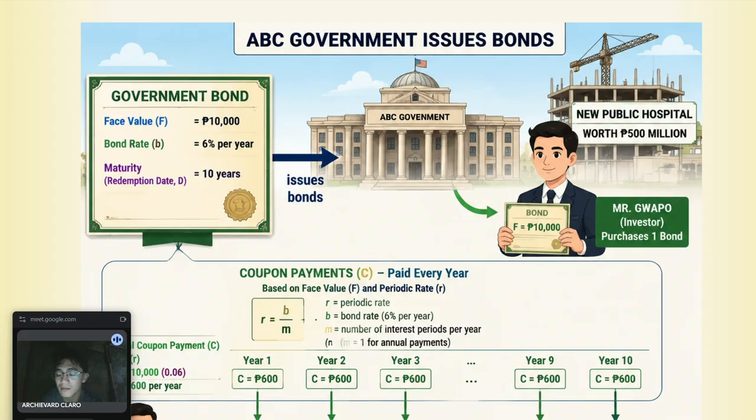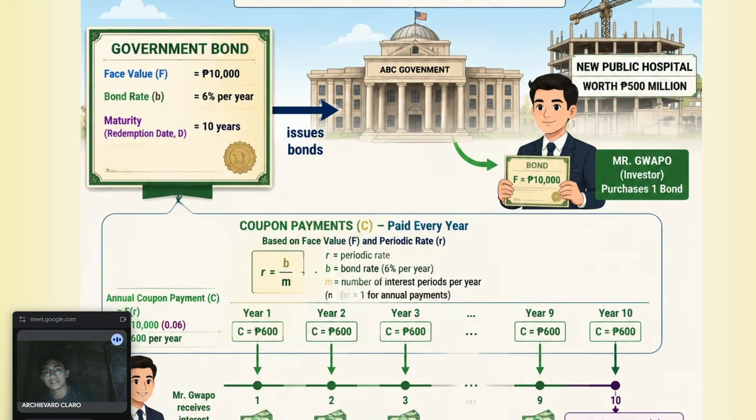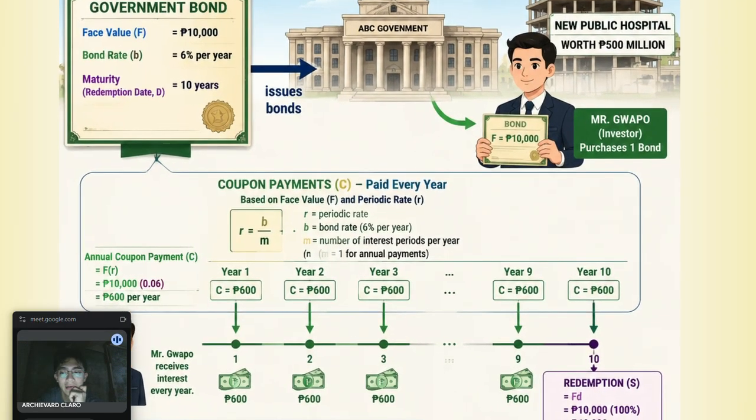Sa pamamagitan ng coupon payments. Coupon payments, this is the interest. Because, diba, binili na niya yung 10,000 na bonds. Now, ito yung annual coupon payment where bumili siya ng 10,000 at mayroong 6% per year.